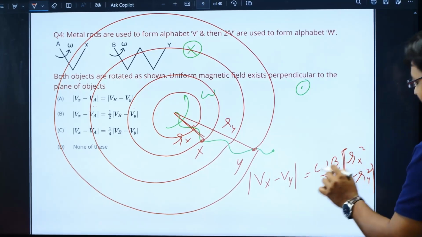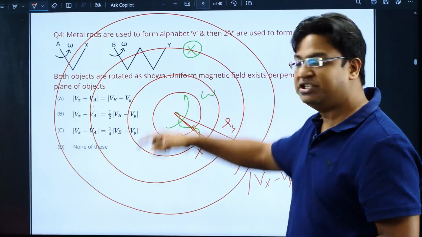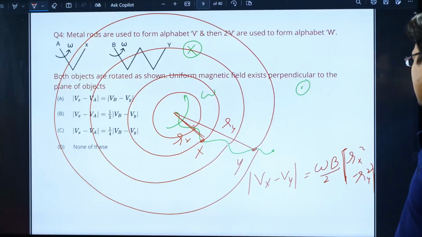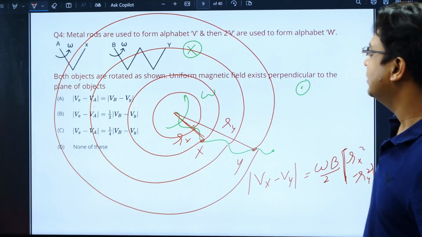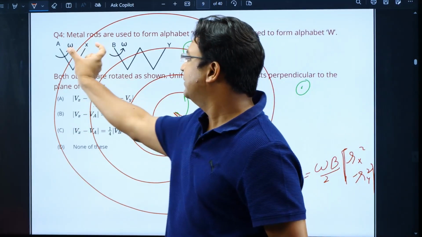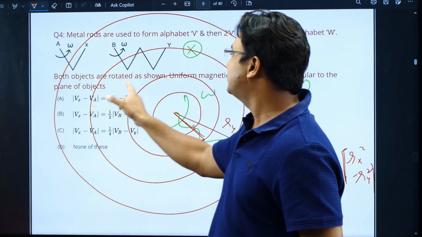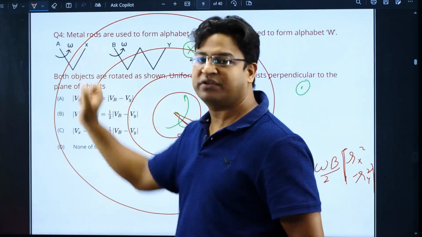So what determines the potential difference is the radius of the circle on which these points are moving. Let me just check. Yeah, everything is okay. So given all this, Vx minus Va equals Vb minus Vy. That's certainly not correct, because this separation is different from this one.